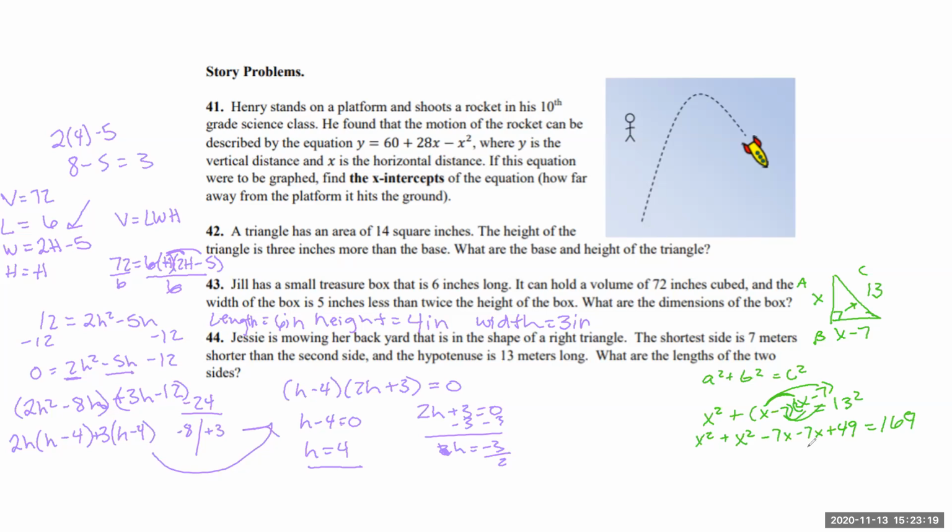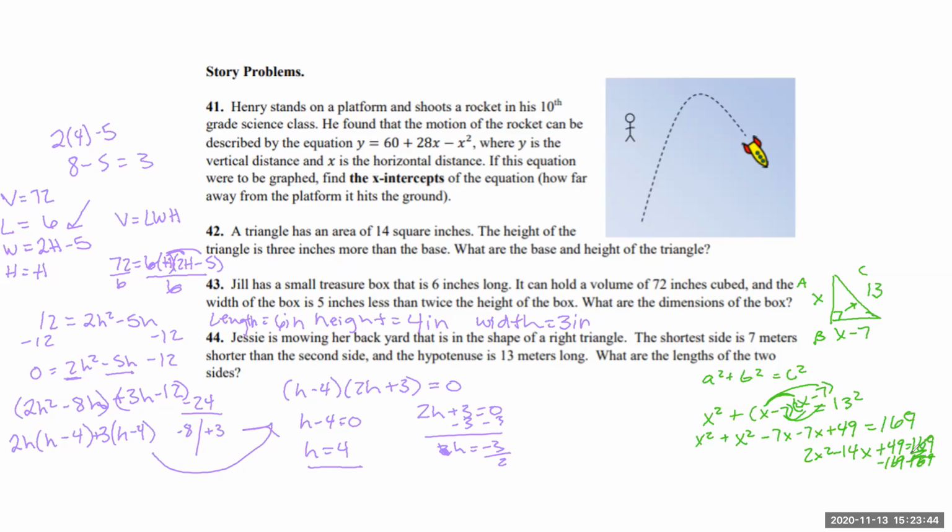Now we're just going to go ahead and simplify. So x squared plus x squared is going to be 2x squared. Negative 7x minus 7x is going to be negative 14x. And then plus 49 equals 169. Okay, so now we want to definitely simplify it. So we're going to bring the 169 onto the other side. So I'm going to subtract 169 from both sides.